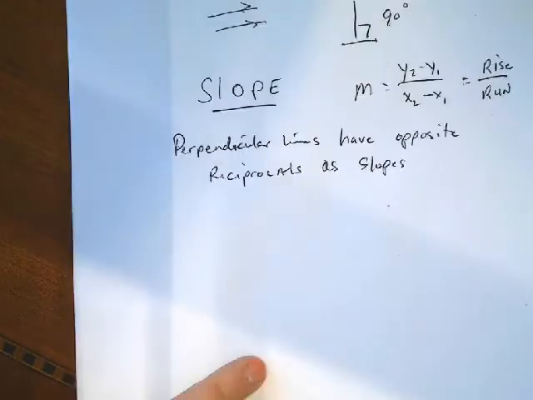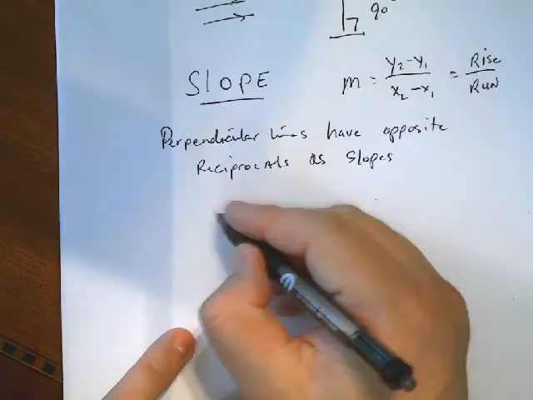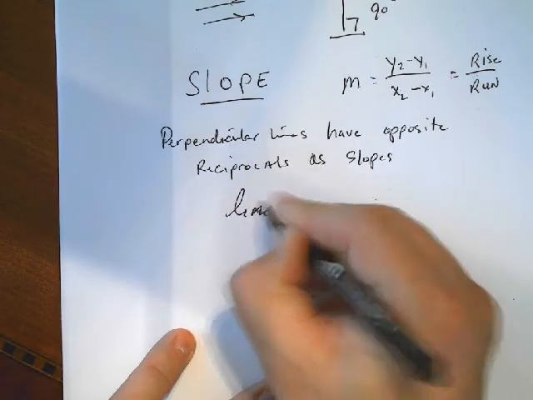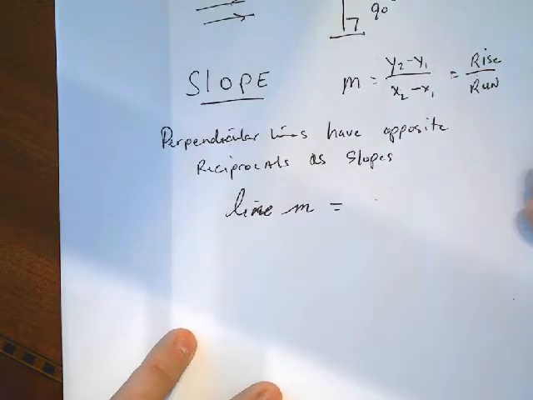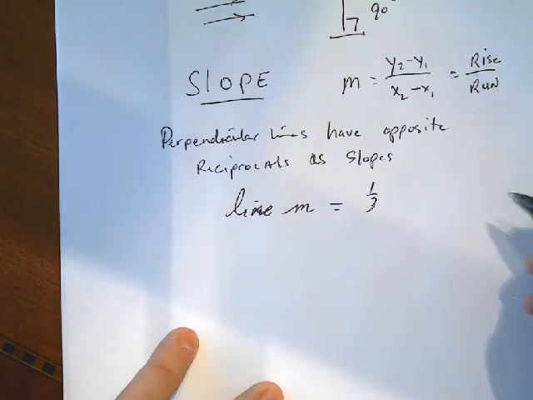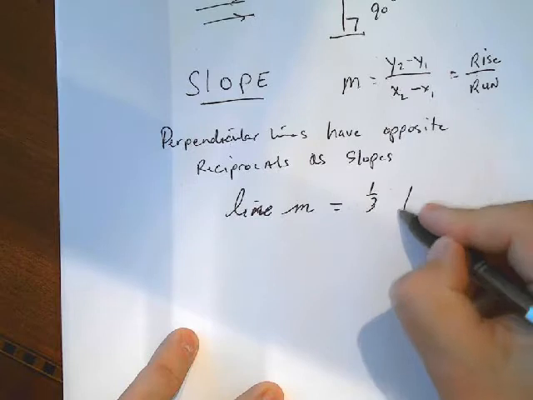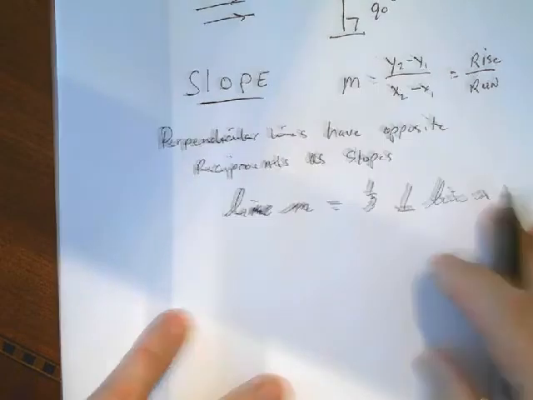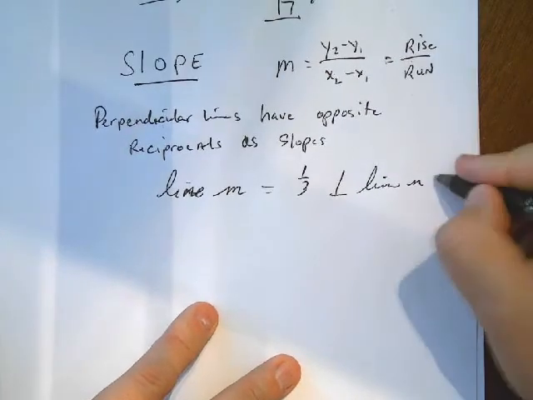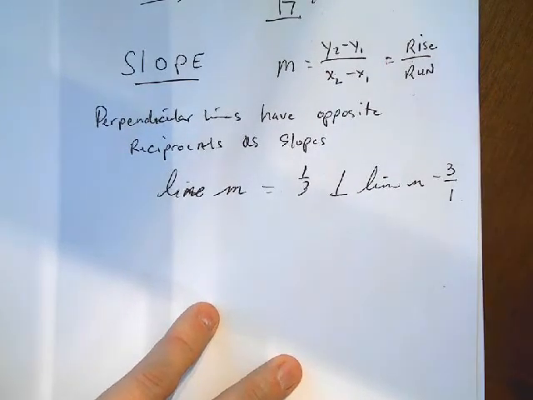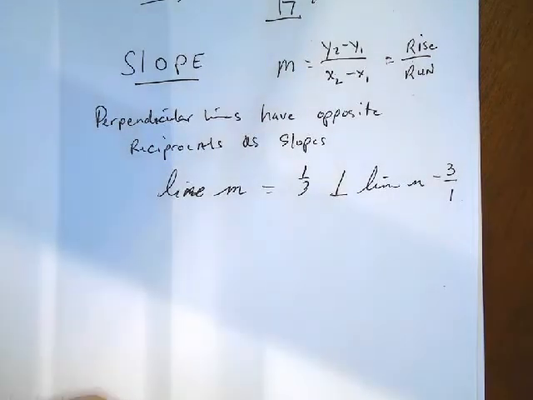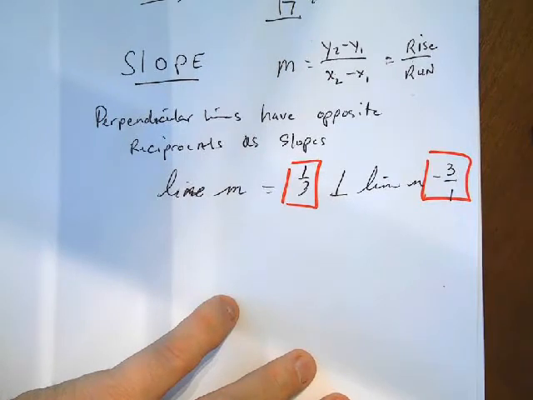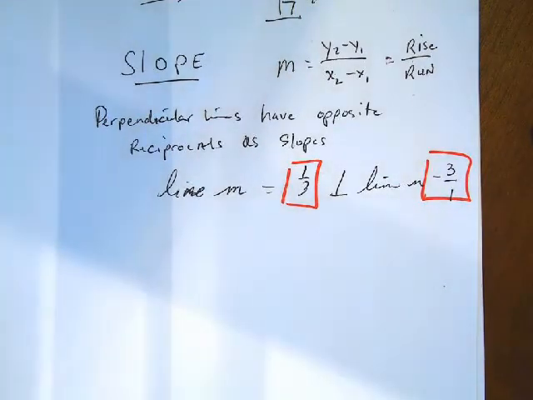If I've got two lines, say line M, and it has a slope of 1/3, then the perpendicular line, we'll call it N, would have to be -3/1, because these have to be opposite reciprocals.